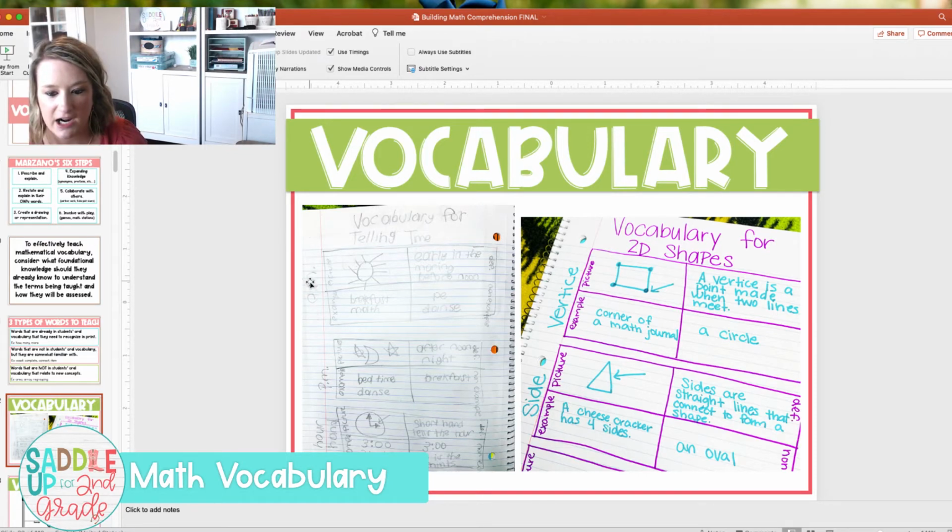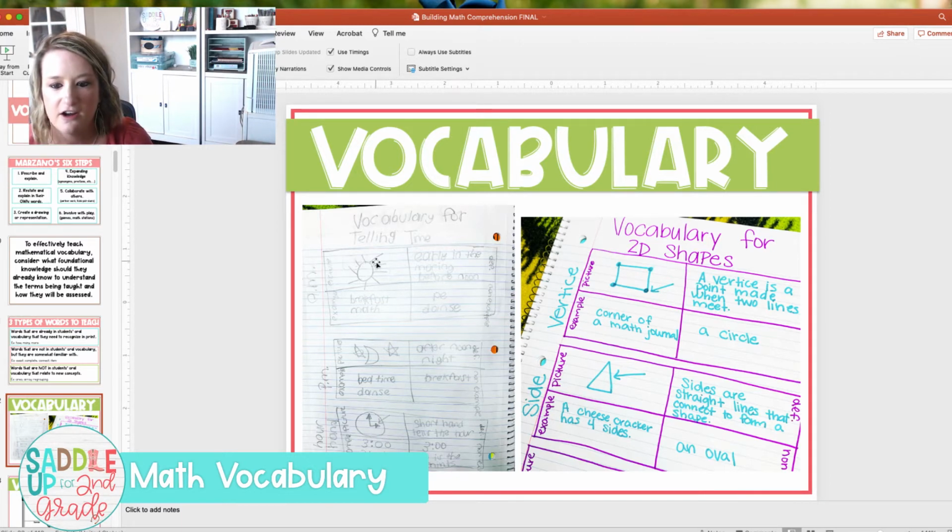We did a box for AM, PM, and then the hour hand. The first box was always the picture, followed by the definition, which they could create in their own words, or they could write one that we came up with as a group. And then we would do an example and a non-example.